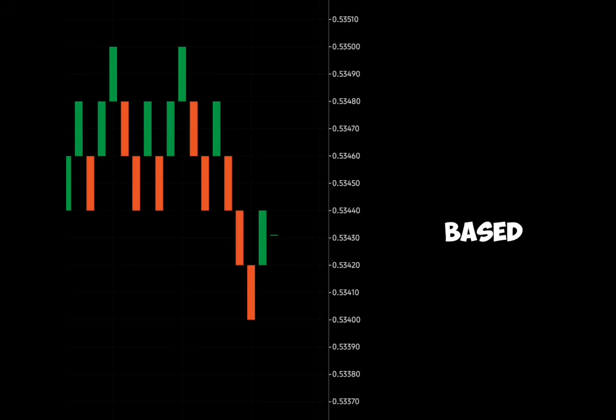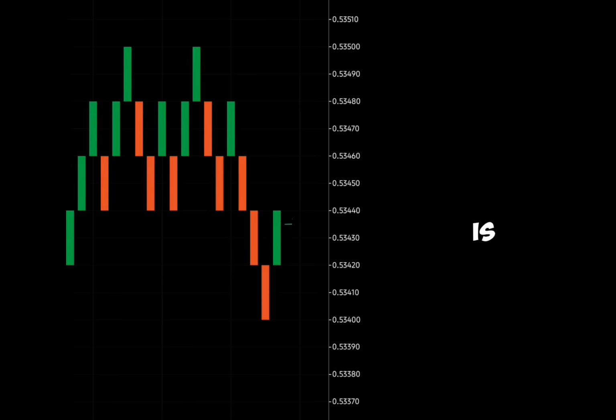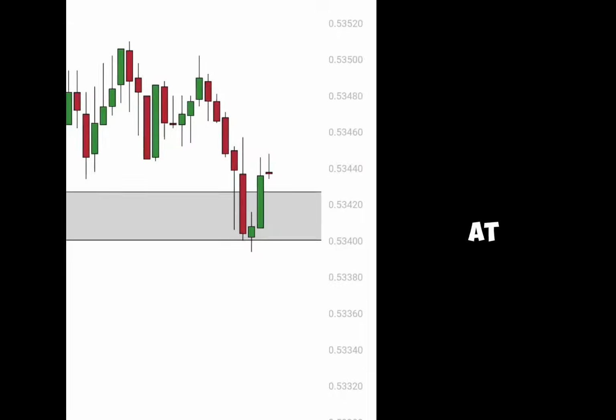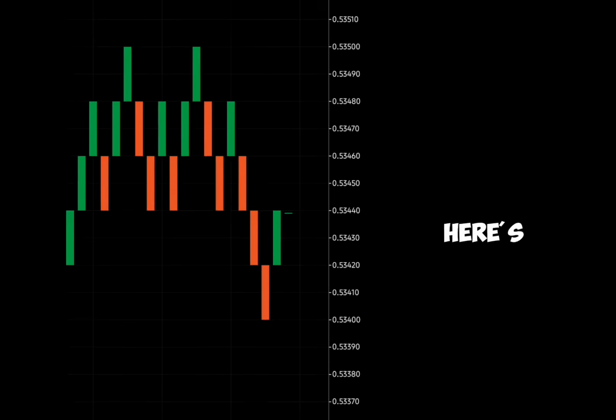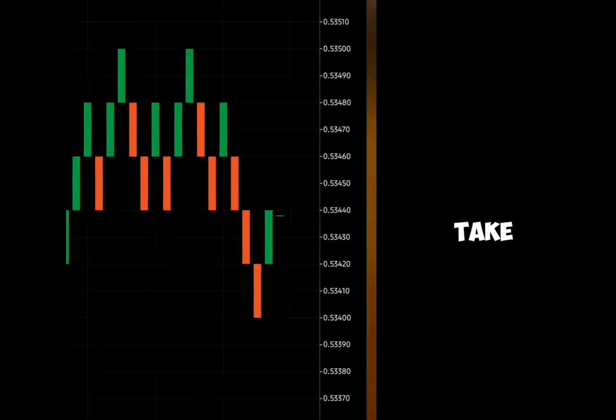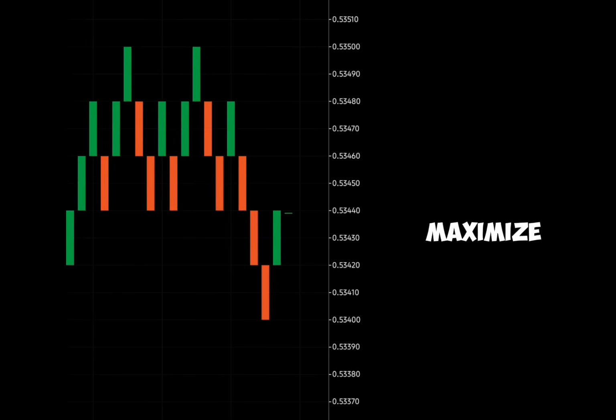So it is not based off time, it is based off pips. Now, why this is very important is because it allows you to be patient enough to wait for the market to move rather than looking at this. So here's how to make use of it so that you can take trades quickly, you can maximize opportunities on trade and stop being afraid of taking a trade.